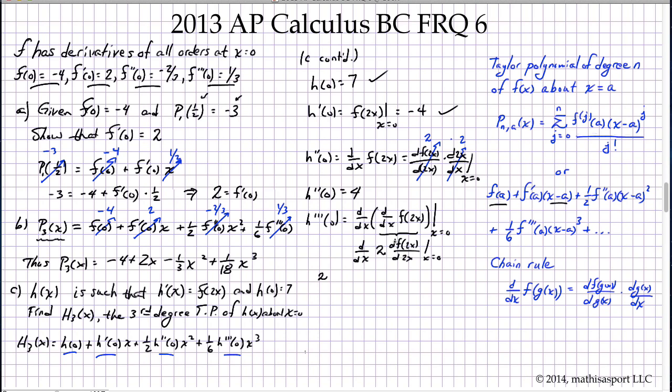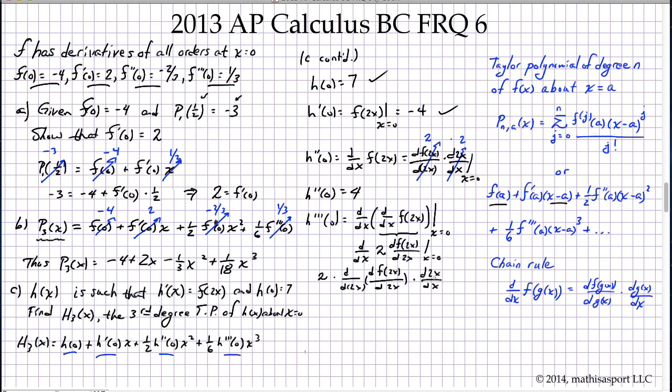But even this expression, we cannot take this derivative directly, but rather we have to take it using the chain rule. And so it's 2 times the derivative with respect to 2x of the derivative of f of 2x with respect to 2x. And then we have to take the derivative of 2x with respect to x.